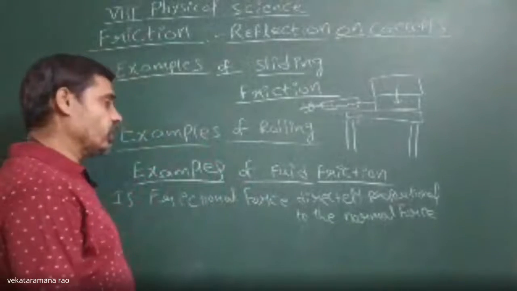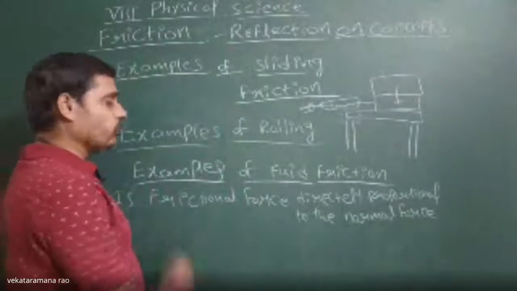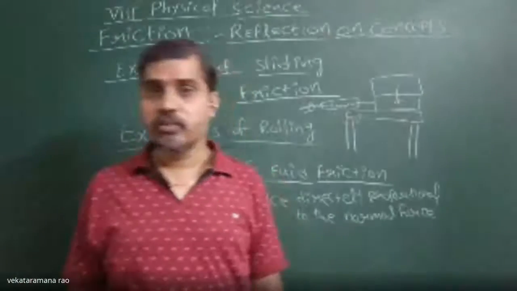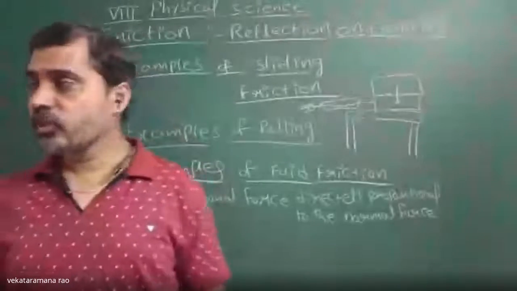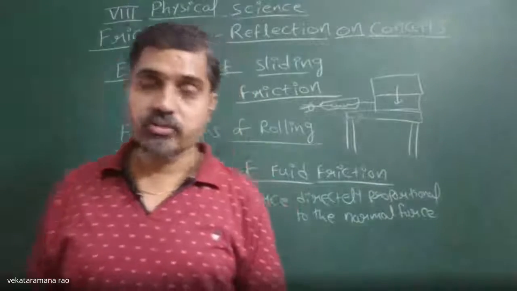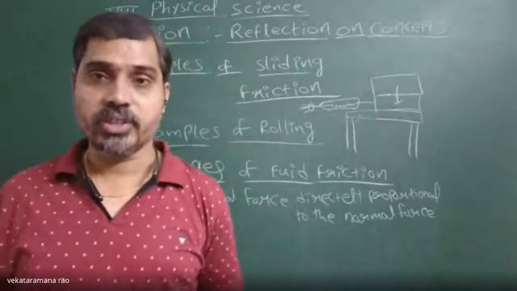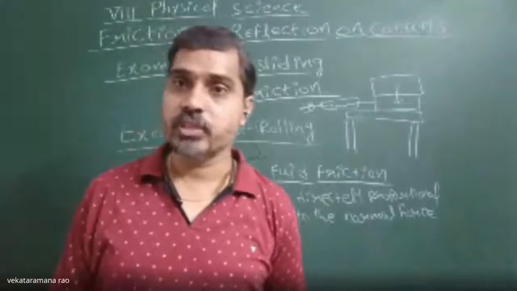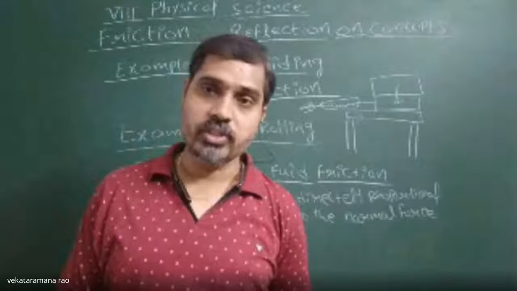With that, we can say that frictional force is directly proportional to normal force. When normal force increases, frictional force also increases, and when normal force decreases, frictional force also decreases. In this way, we did a few reflections on the concepts of the friction chapter.